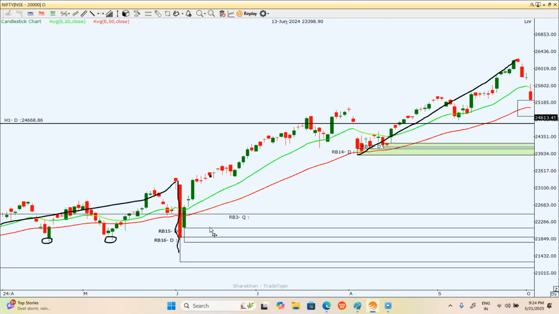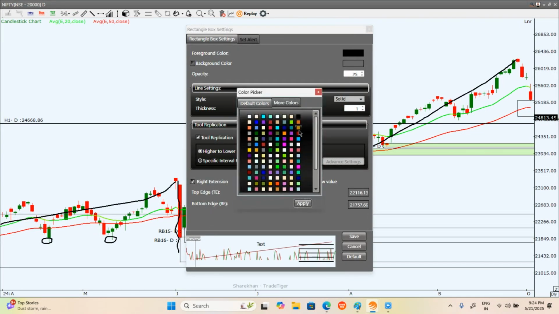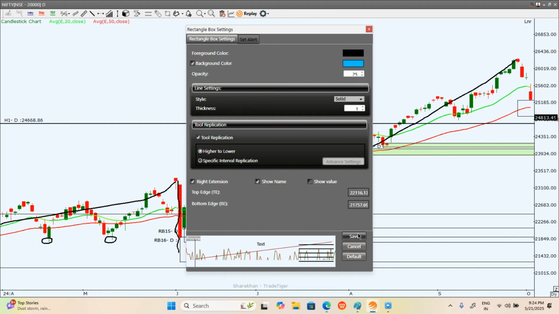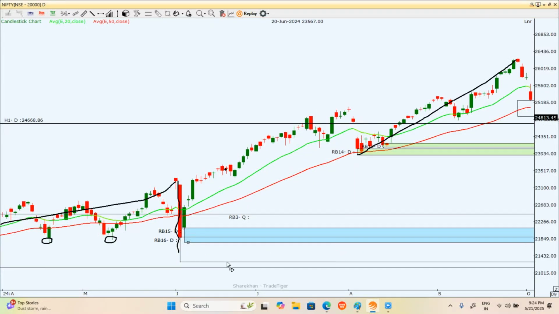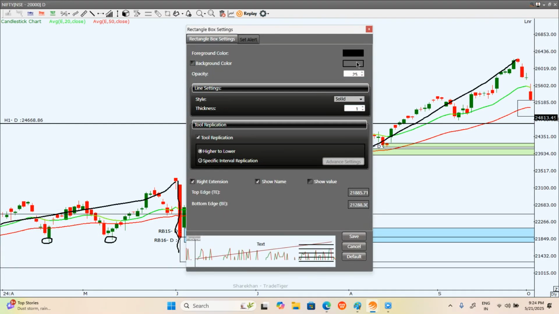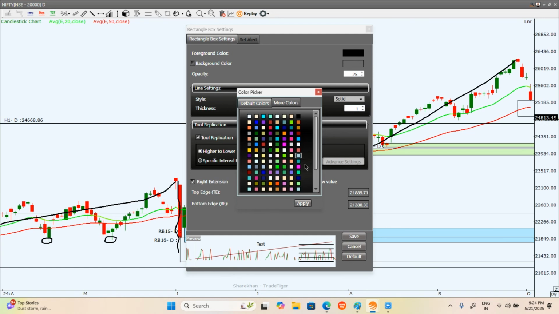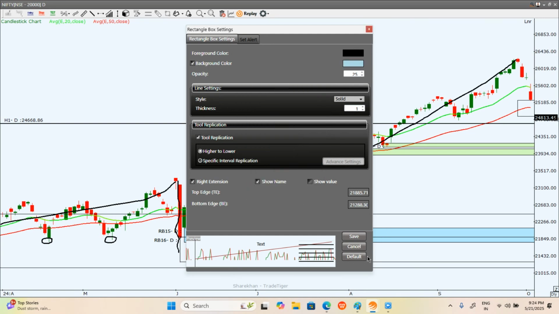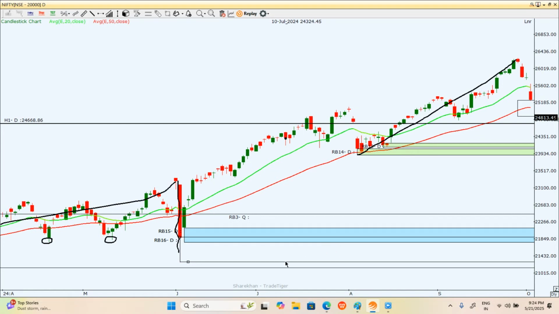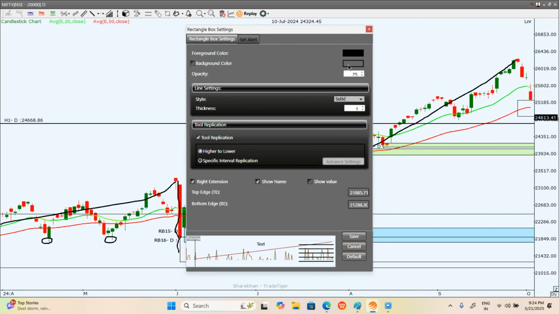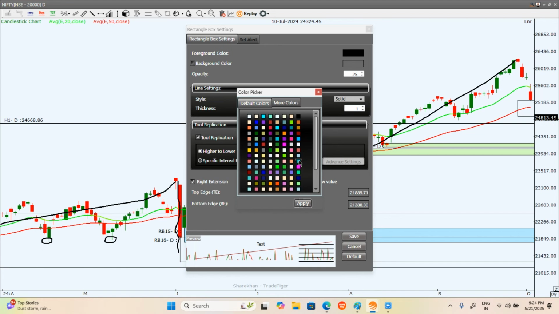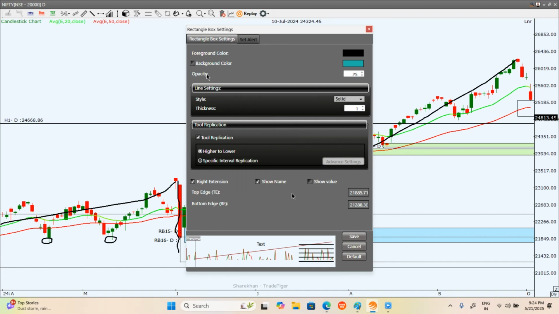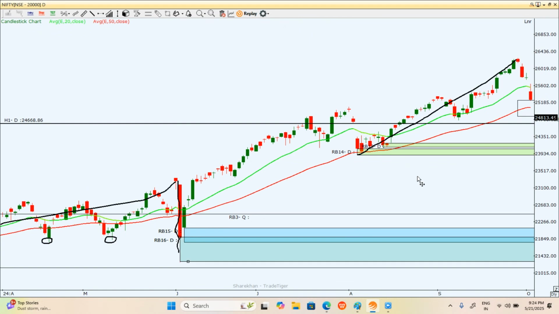Let me give them color. Let's paint them blue. Let's see what happened here. This is the upper demand zone. Let's give a different, lighter color to the lower demand zone. Let's see what happened.